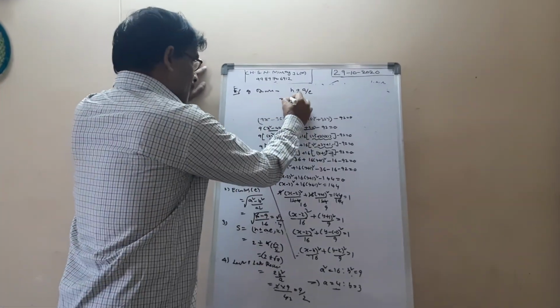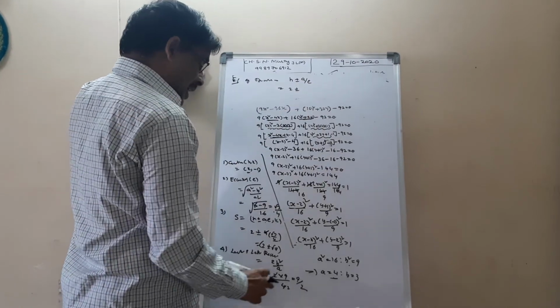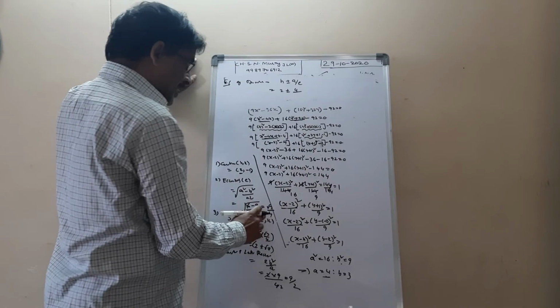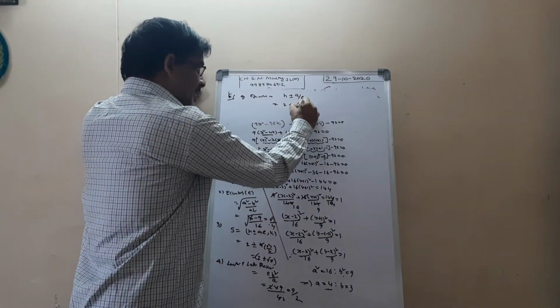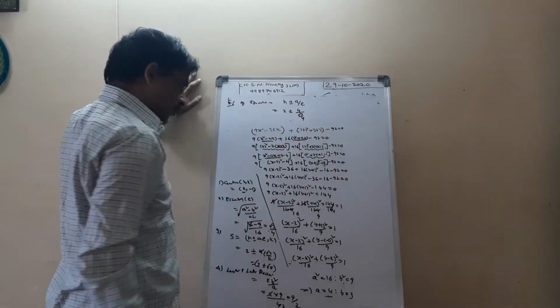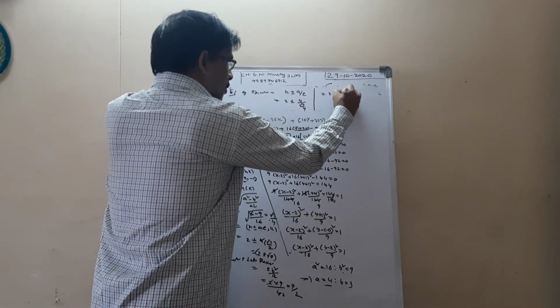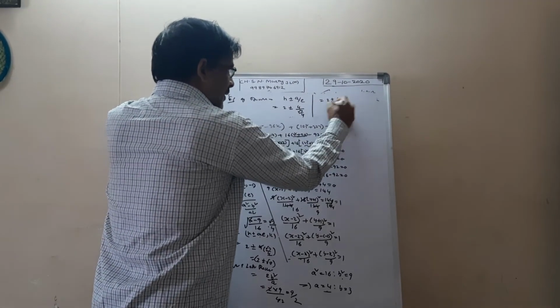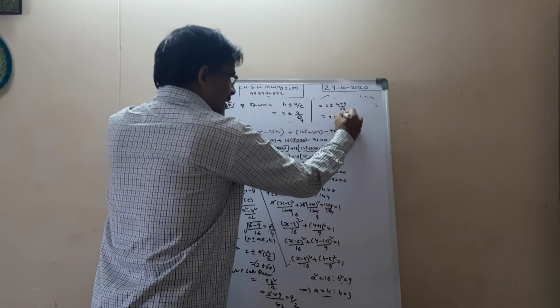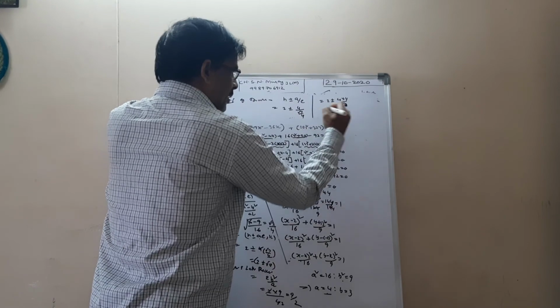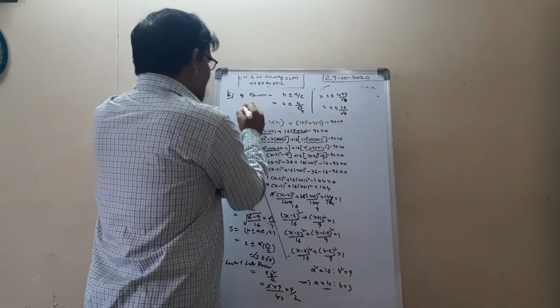Already 2. So 2 ± a/e. a is 4, divided by e, eccentricity √7 / 4. So this becomes 2 ± 4 × 4 / √7, which is 2 ± 16/√7. This is the directrix equation.